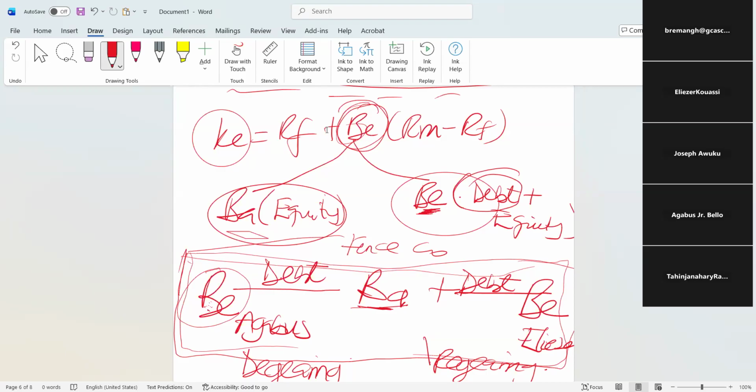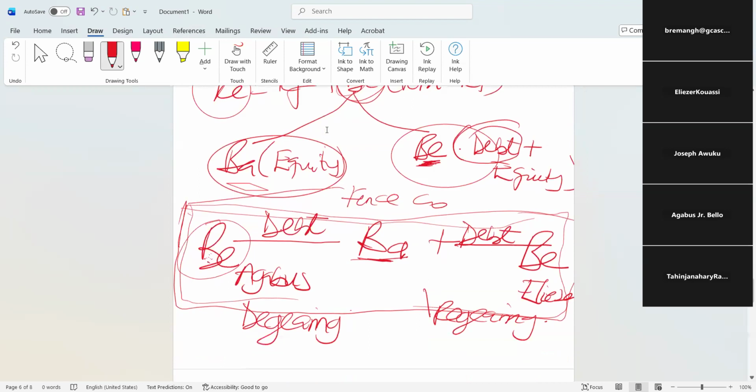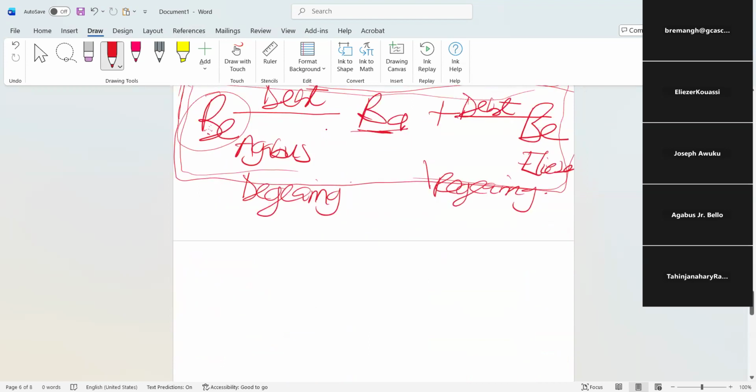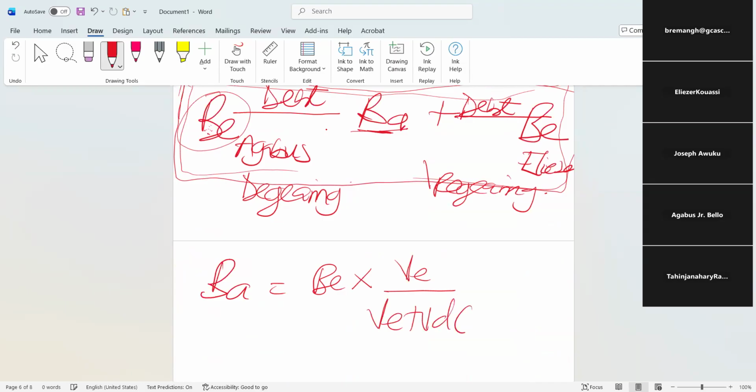Yes, Tahina? All these formulas have to be known by heart, isn't it? Yes. So if you want to calculate asset beta, it's equity beta times the value of equity over the value of equity plus the value of debt times (1 minus T).